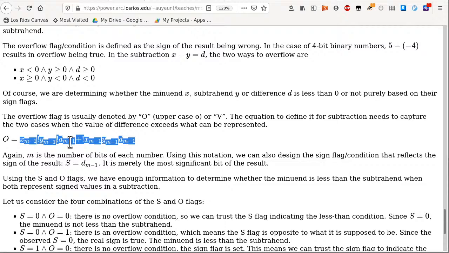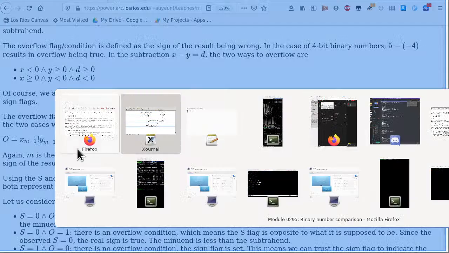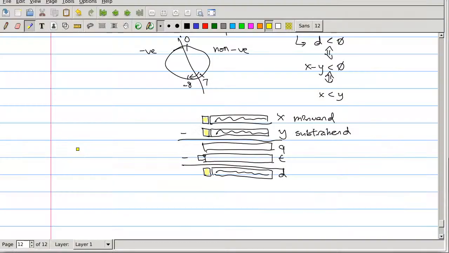But I do want to show you where we are at this point. That's just the notation. So this bit over here is x subscript m minus 1. This bit here is y subscript m minus 1. And this bit over here is d subscript m minus 1.